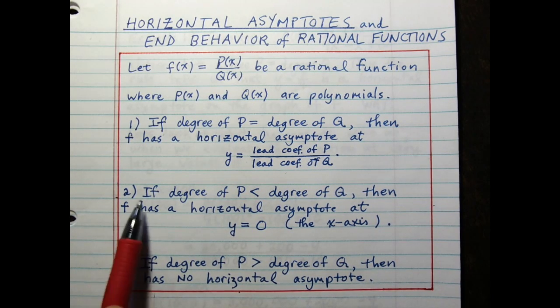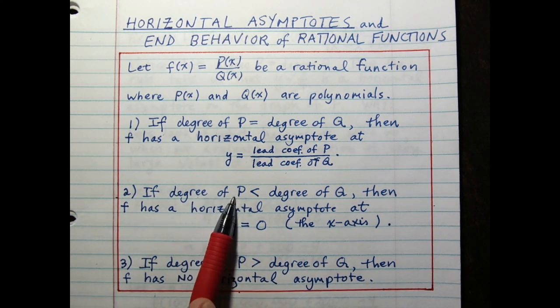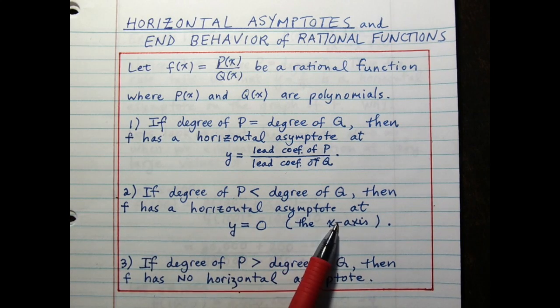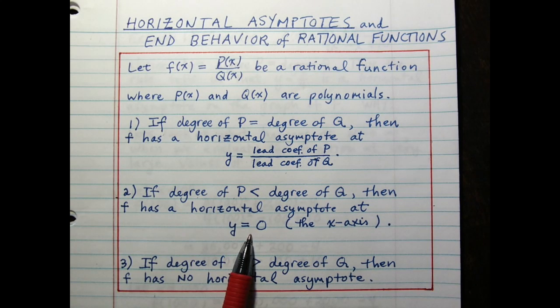Number two, if the degree of p is less than the degree of q, then f has a horizontal asymptote at y equals 0, which is the equation of the x-axis. The x-axis is a horizontal asymptote. Number three, if the degree of p is greater than the degree of q, then there is no horizontal asymptote.